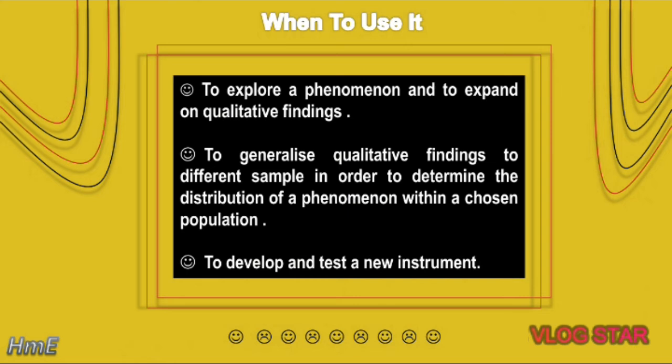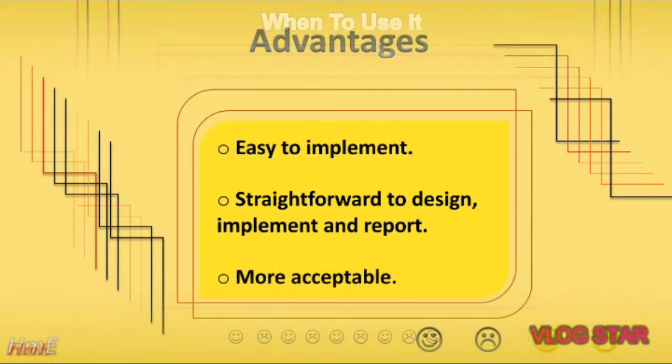Here the researcher finds the causes of that particular phenomenon by targeting samples of the population. Then thirdly, to develop and test a new instrument. If the researcher wants to develop a new way, a new solution to his research problem, a new instrument to change the society, then he can use the exploratory sequential design.